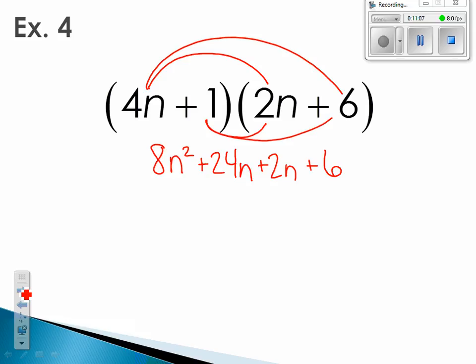Now to finish this up, I have to combine my like terms. So my final answer is going to be 8n squared plus 26n plus 6.